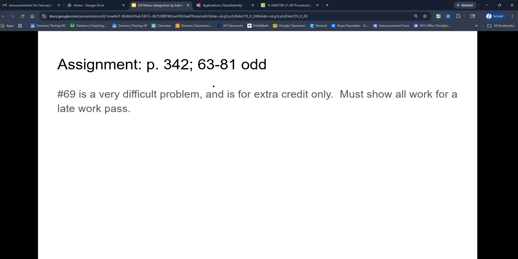They are difficult. 69 is so difficult that if you can bring me a paper with it solved out and explain to me what you did, because the answer's in the back of the book, but you've got to show me what you did and be able to tell it to me, because I haven't even tried to see if ChatGPT can do it.